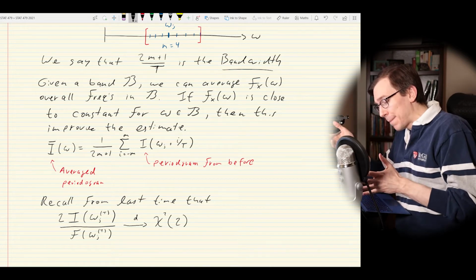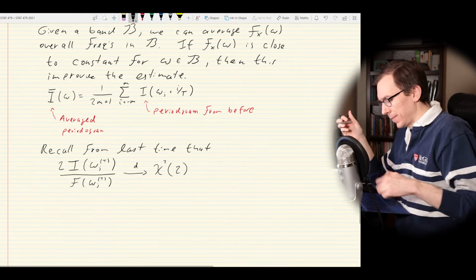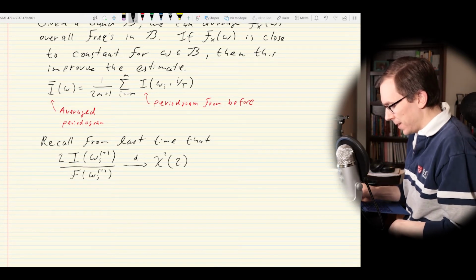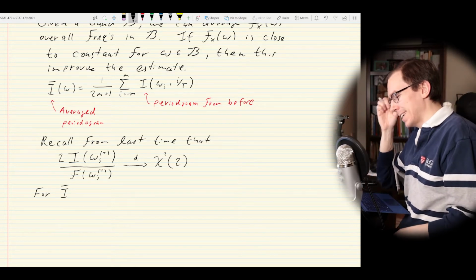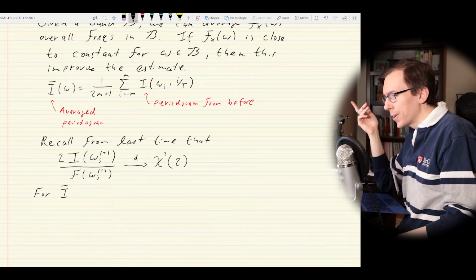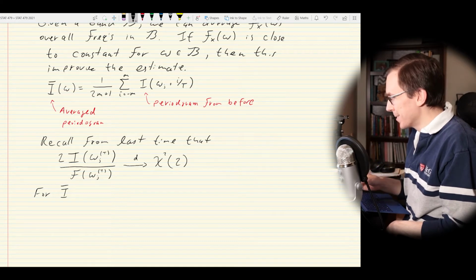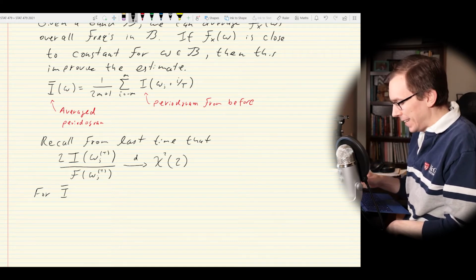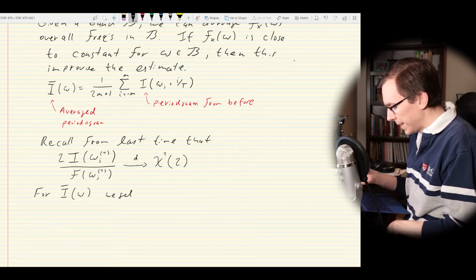Well, what happens with I bar? Again, there are some conditions, like that strong summability condition for the autocovariance, if I recall from last time. You can double check those yourself, but in this case, for I bar omega, we get something very similar.